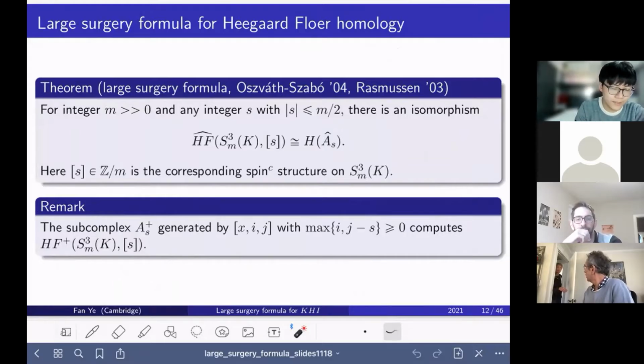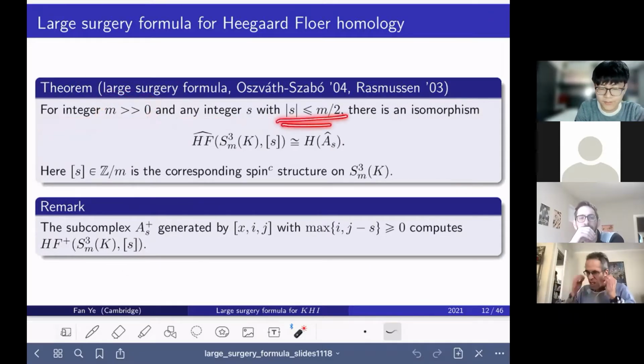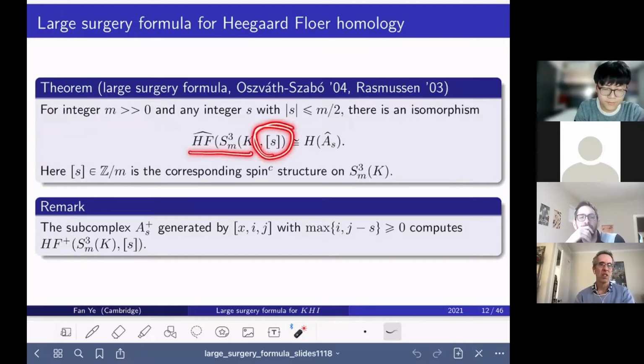It says that for a large integer m and integer s satisfying this condition, the HF hat of the m-surgery in some spin^c structure can be calculated by the homology of the band complex.